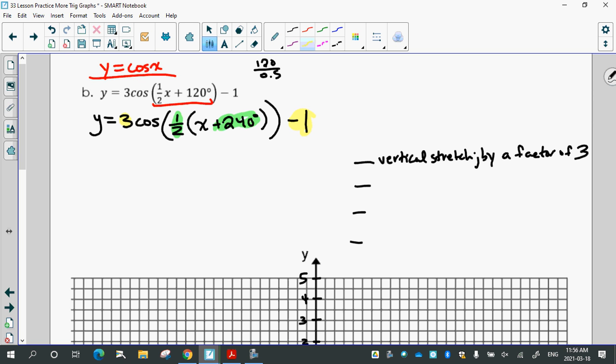What's the 1/2? Horizontal stretch. Good. Opposite of what it looks like. So horizontal stretch by a factor of 2.